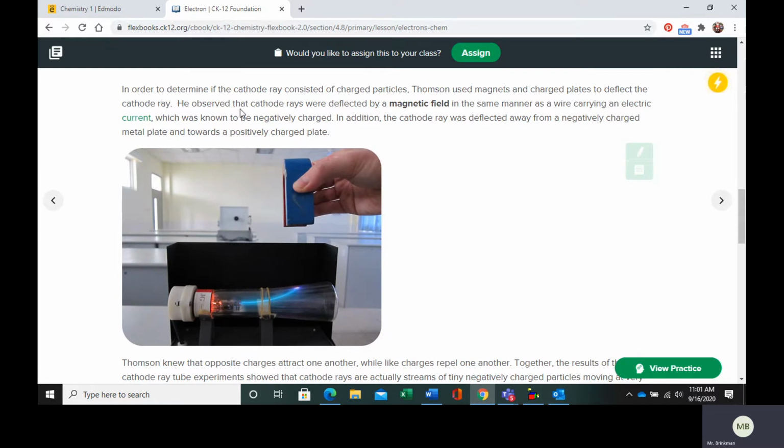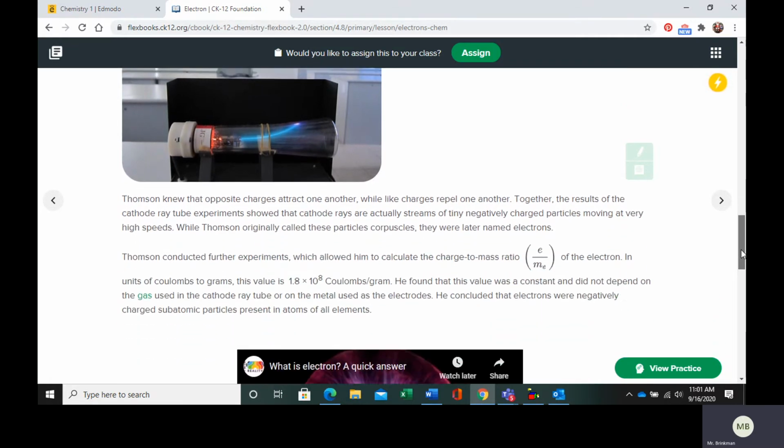He observed that the cathode rays were deflected by the magnetic field in the same manner as a wire carrying an electric current, and they knew that an electric current is negatively charged. The cathode ray was deflected away from the negatively charged metal plate and towards the positively charged metal plate. This showed that these particles were negative.